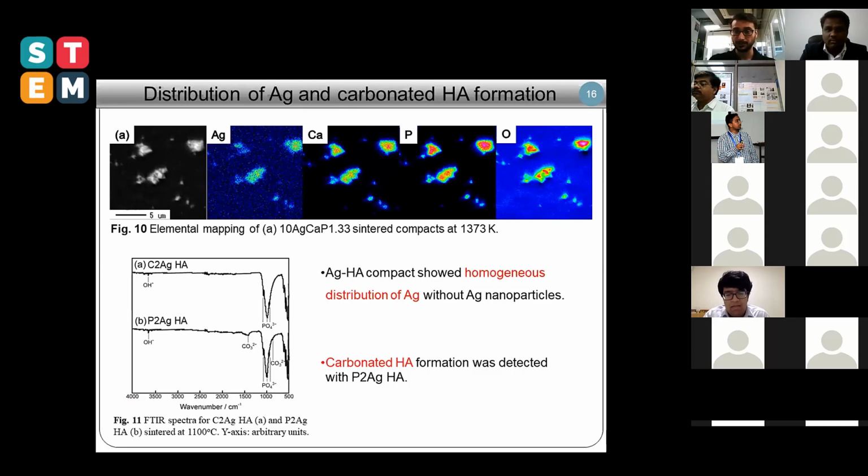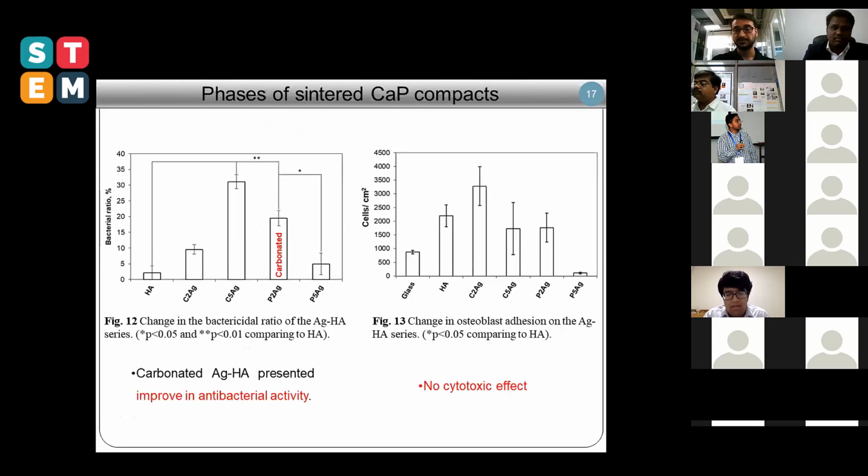exchange it with the phosphate. For the phosphate deficient P2AgHA, from the FTIR result, we can say that we have carbonated hydroxyapatite formation with the P side deficiency, which I also mentioned in the boron case. The carbonated hydroxyapatite has improved dissolution quality. And we also expect carbonated apatite to improve the bacterial ratio.